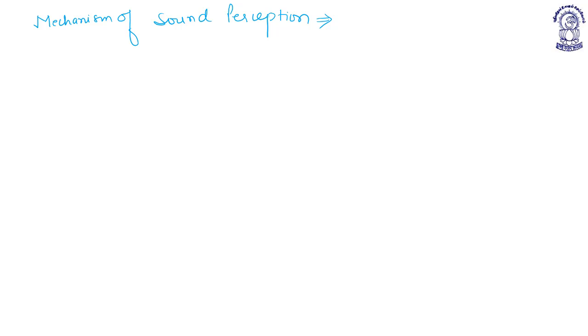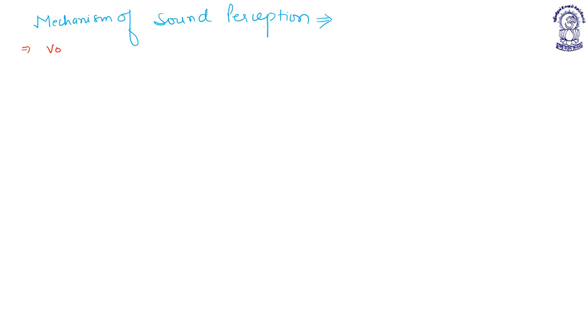As we have discussed in the pathway of sound wave transfer, the middle ear and internal ear specifically are very important for the conversion of these mechanical impulses into neural signals.